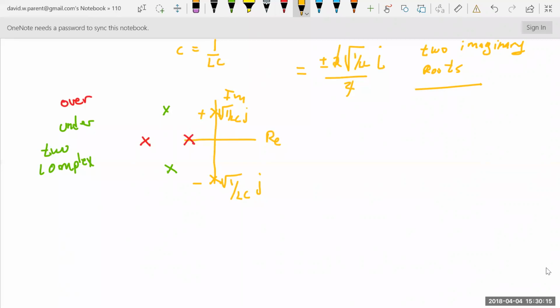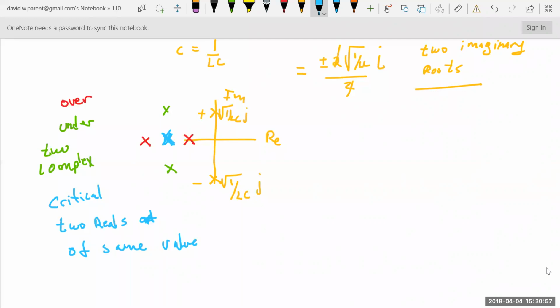And critical is 2 reals of same value. So that would be here, and I'm trying to draw that there's 2 there. Does that make sense? So as we get more and more imaginary, these roots would come in, then they'd be the same, and then they would move up this way.